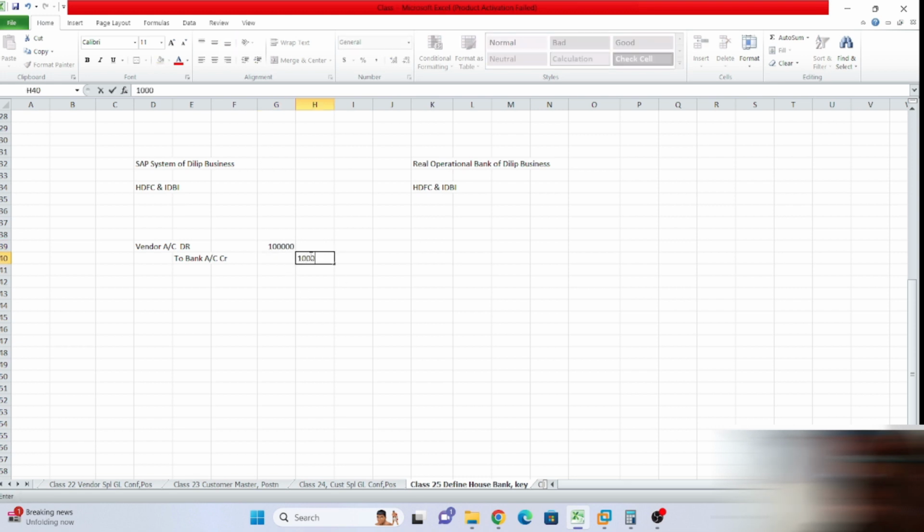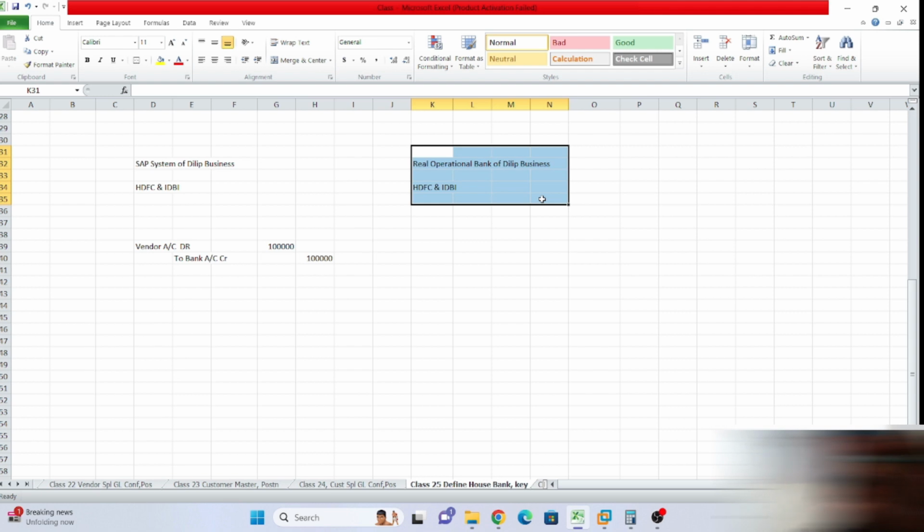So simply, they need not maintain it in the SAP system; they can simply pay from their real operational SDFC bank current account, right? But this has to be recorded in the system, like how much money is going out of the business. SAP is all about data maintenance only.